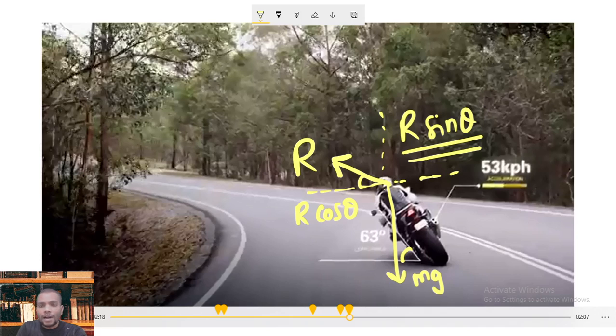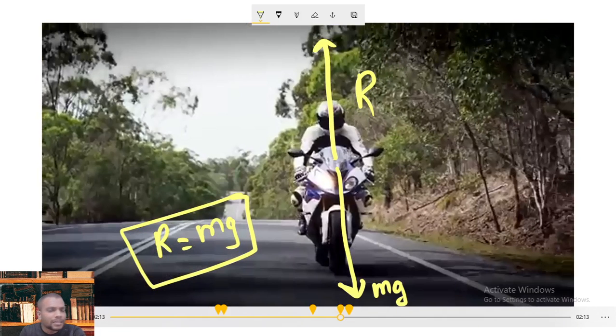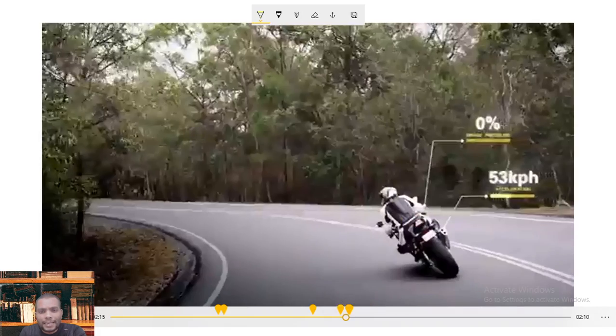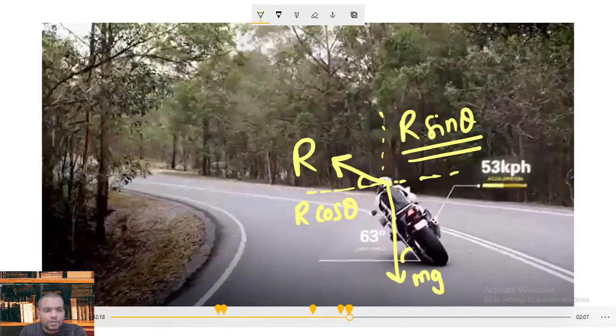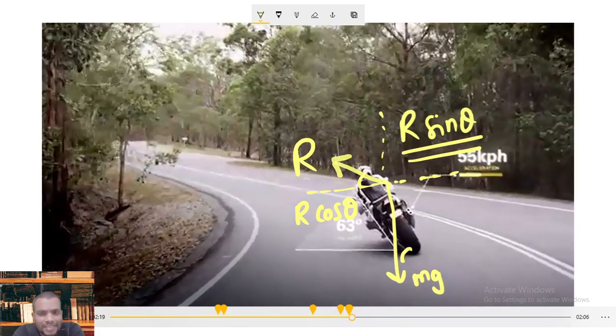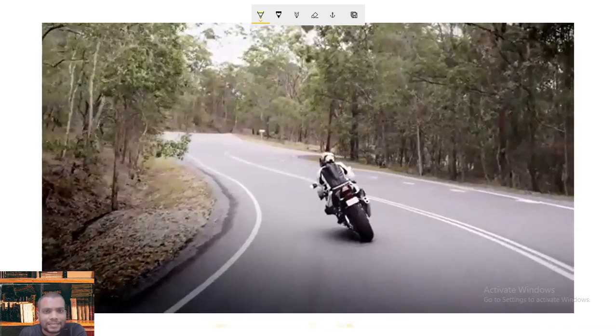Now the R sin theta and R cos theta components will balance in this case, but in the earlier case there are no components at all. But when you take a turn, it depends upon the turn, whether it is a left turn or a right turn.